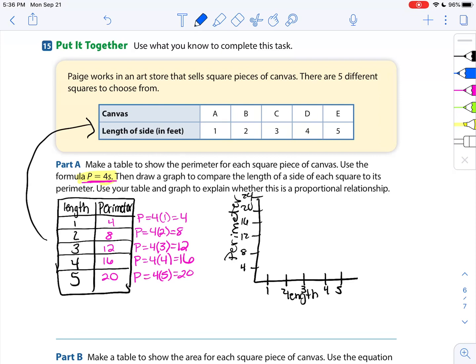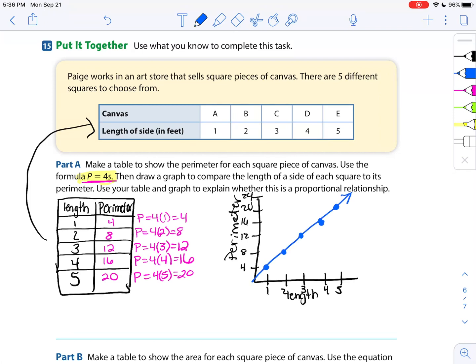And then I'm going to plot my points from the table. The first point is 1, 4, then 2, 8, 3, 12, 4, 16, and 5, 20.